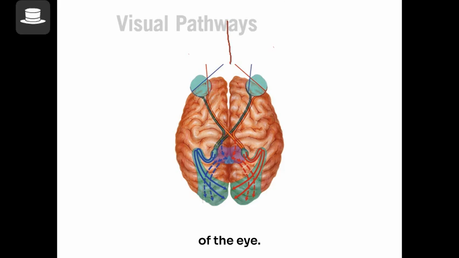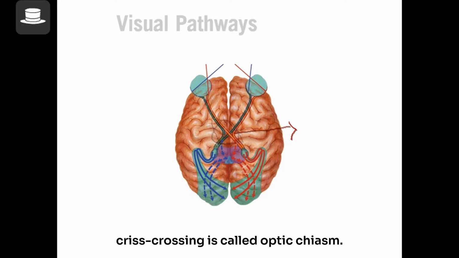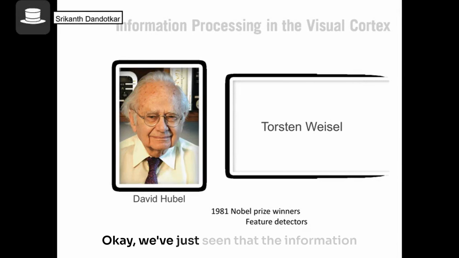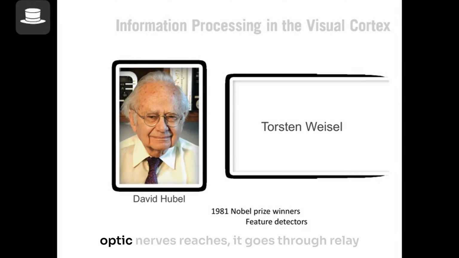This peculiar, unique crisscrossing of optic fibers from the left and right eyes results in an X-shaped structure, and this crisscrossing is called the optic chiasm. We've just seen that the information captured by both eyes, through the optic nerves, goes through the relay station thalamus and eventually reaches the cerebral cortex in the occipital lobe, called the visual cortex.